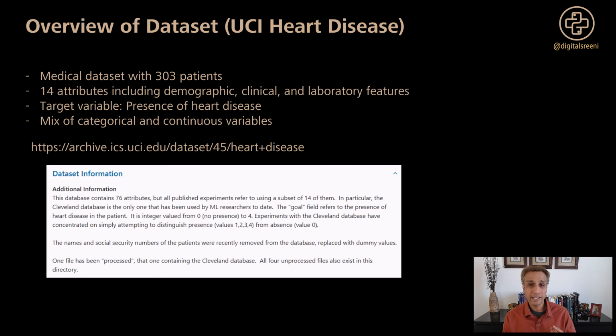This is a medical data set with 303 patients, and it has 14 attributes or features, or 14 columns, including the demographics, the clinical and laboratory features, and the target variable, which means the variable that you are predicting: whether there is presence or absence of heart disease, like 0 or 1. 0 means there is no heart disease, 1 means there is heart disease, right? So that's the target variable.